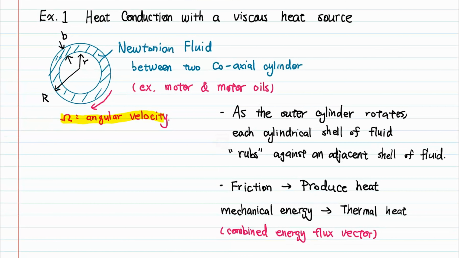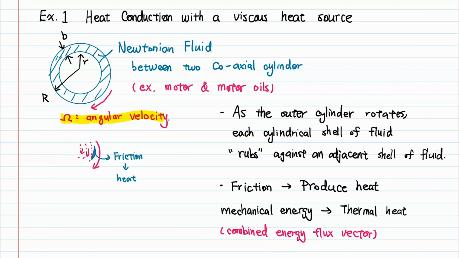It's going to drag the liquid layer within, and propagate down. The velocity difference between each layer is caused by friction. So you're going to have friction at each interface, and the friction will give you heat. This is why this is a viscous heat source.